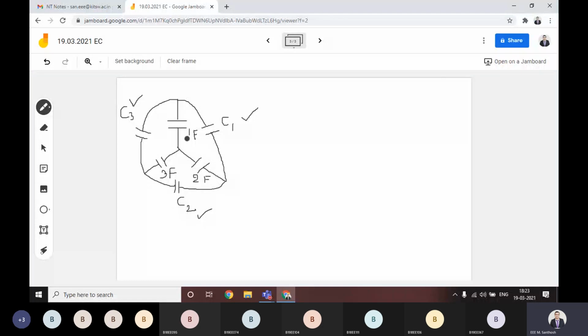What is the formula you used for getting the 12 farad for C1? C1 C2 plus C2 C3 plus C3 C1 by C3 for C1.